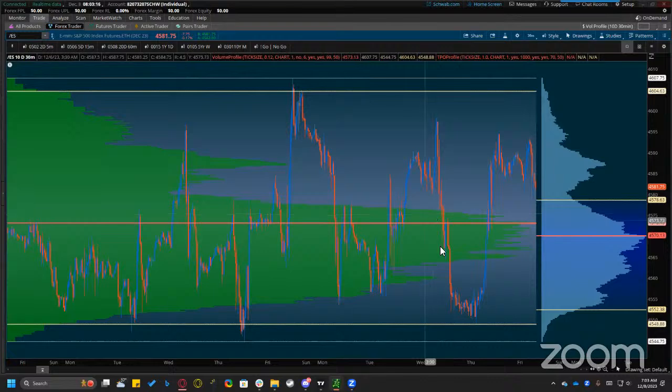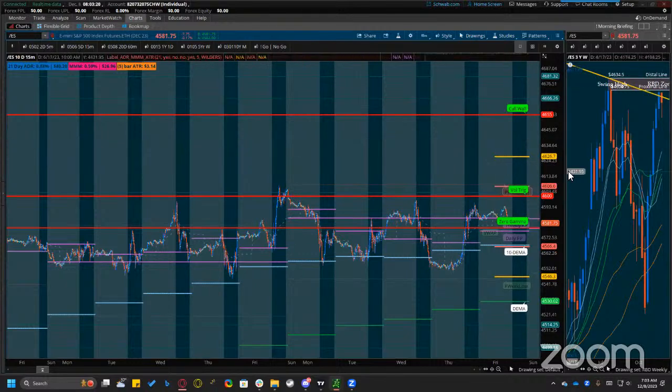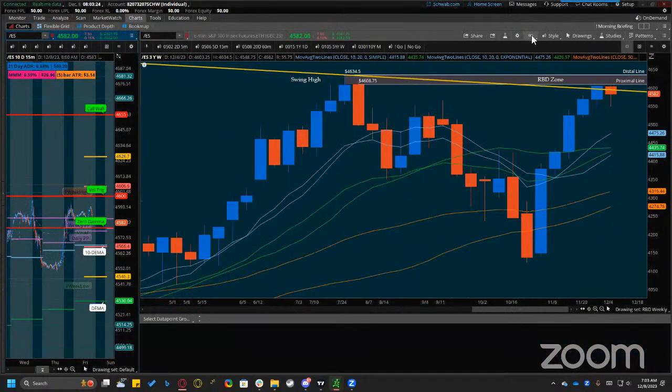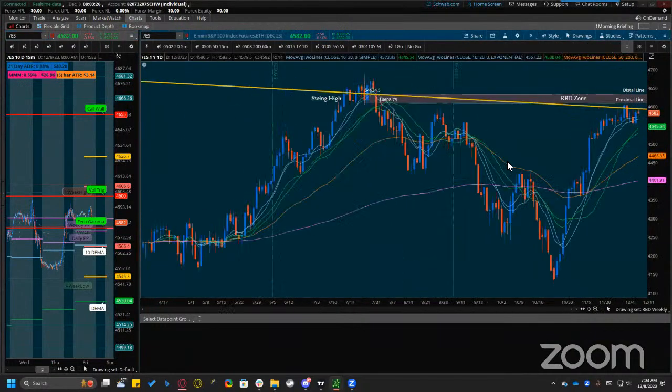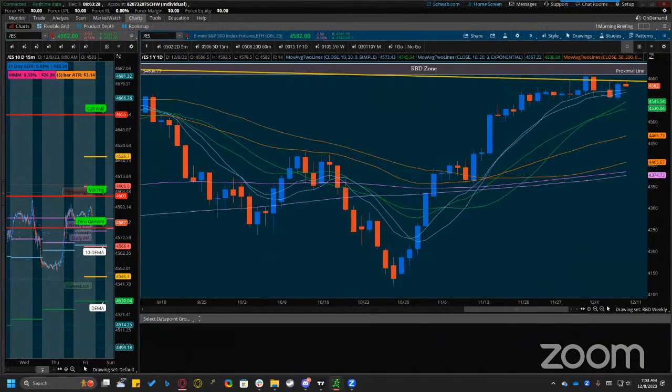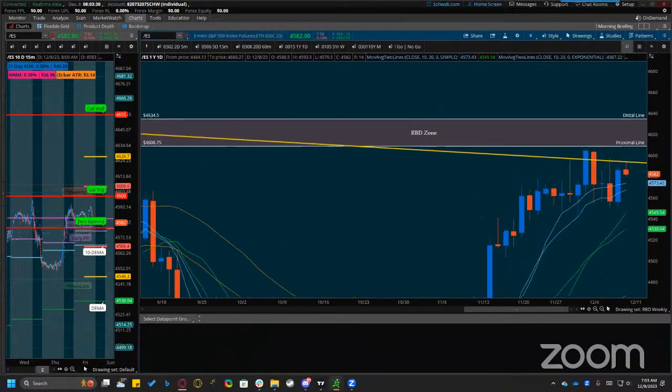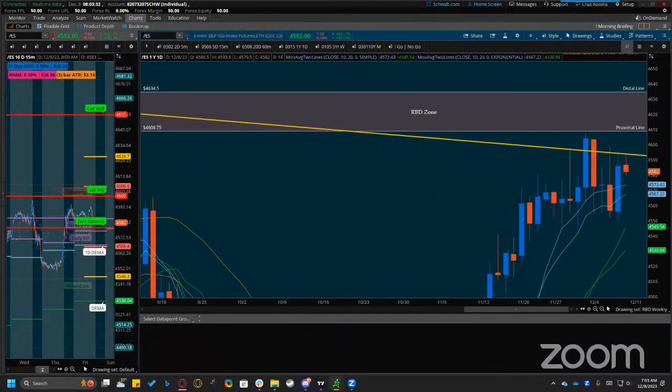We've been building up liquidity around this range for 2 weeks. Just building it up more and more.